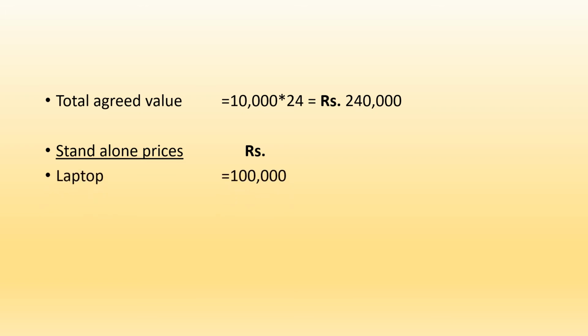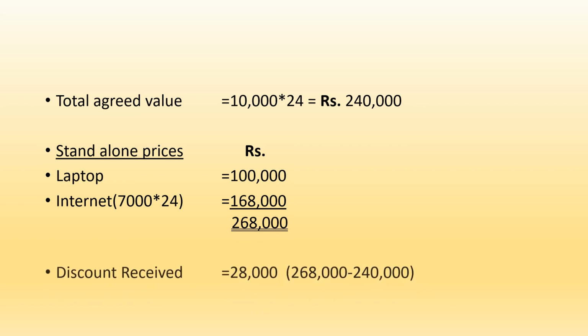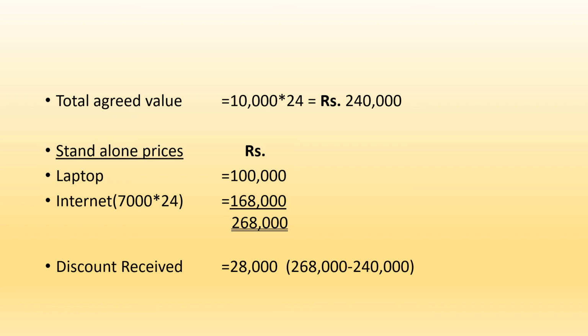For the laptop, it is 1 lakh, and for the internet facility, since the customer is willing to pay 7,000 per month for 2 years, it will give rupees 168,000. So altogether the standalone price is rupees 268,000. So you can see there is a discount of 28,000.